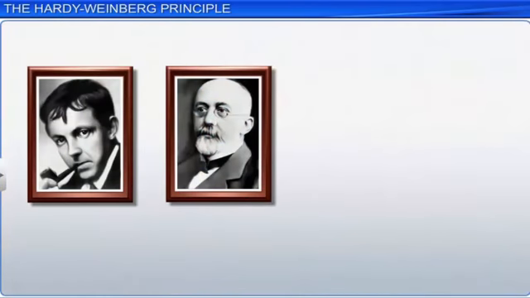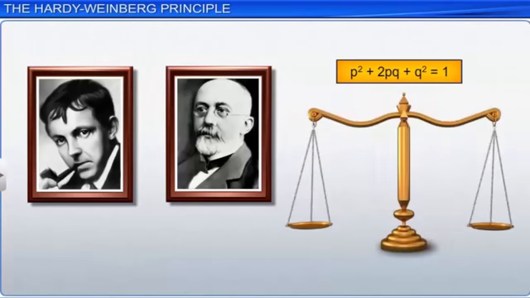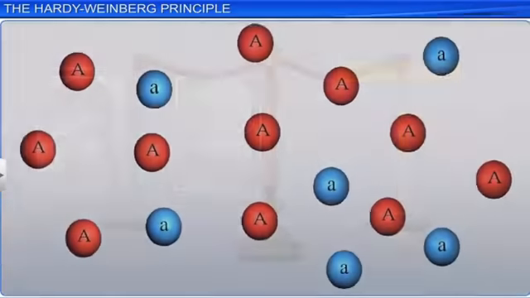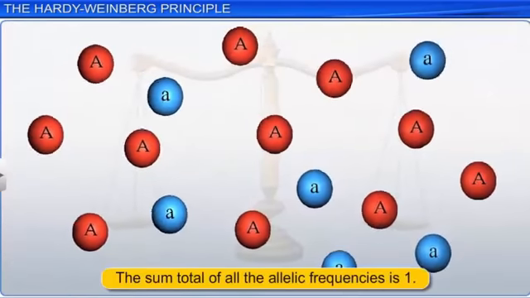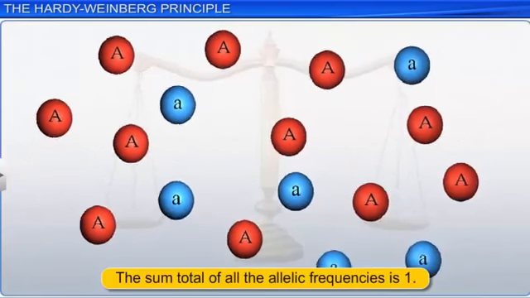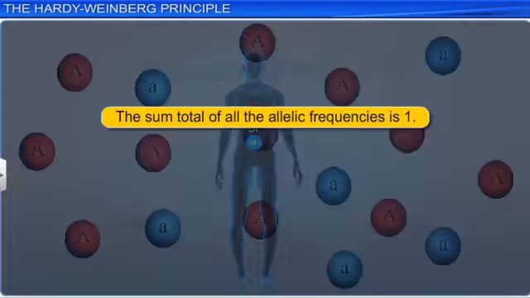Hardy and Weinberg developed a simple equation known as the Hardy-Weinberg equation to study the genetic equilibrium of a given population. Let's understand how this equation is derived. The sum total of all the allelic frequencies is 1.